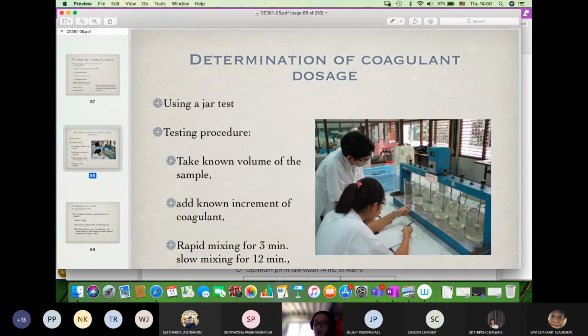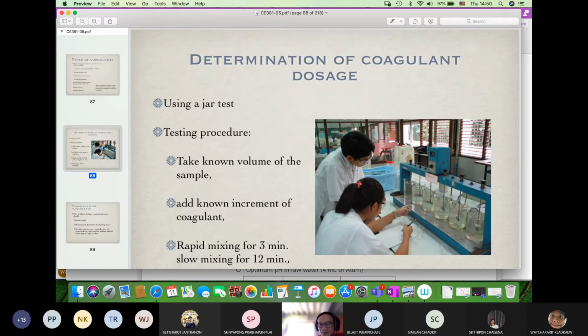Here we put alum 0.5 ml. Here we put 1 ml. And the next one we put 2 ml, then 3, 4, and 5. We put the alum in varying amounts into the 6 jars at the same time.